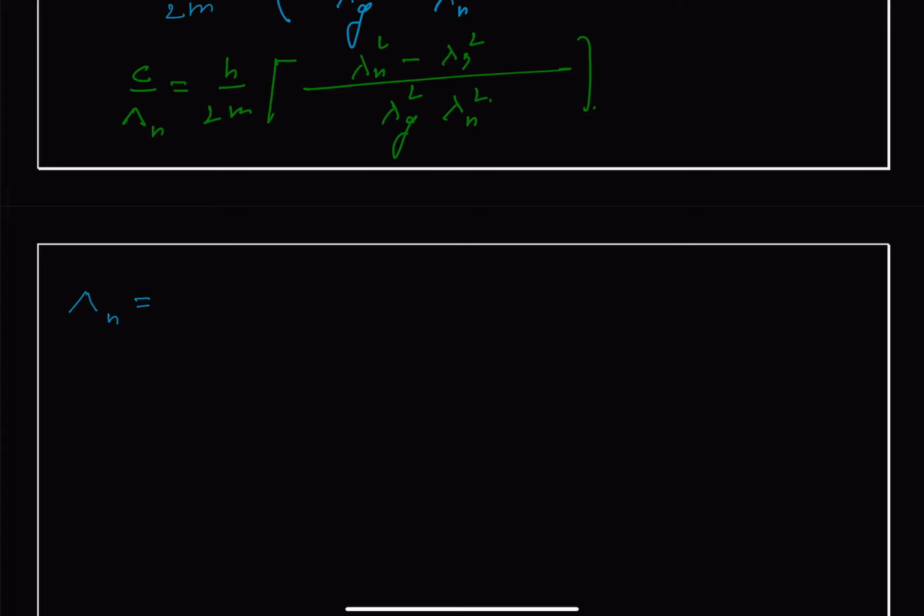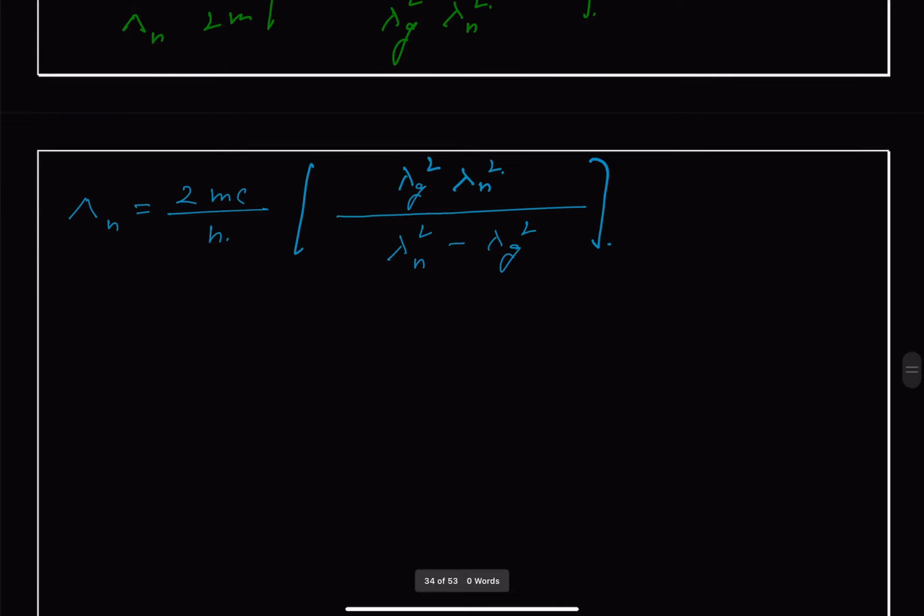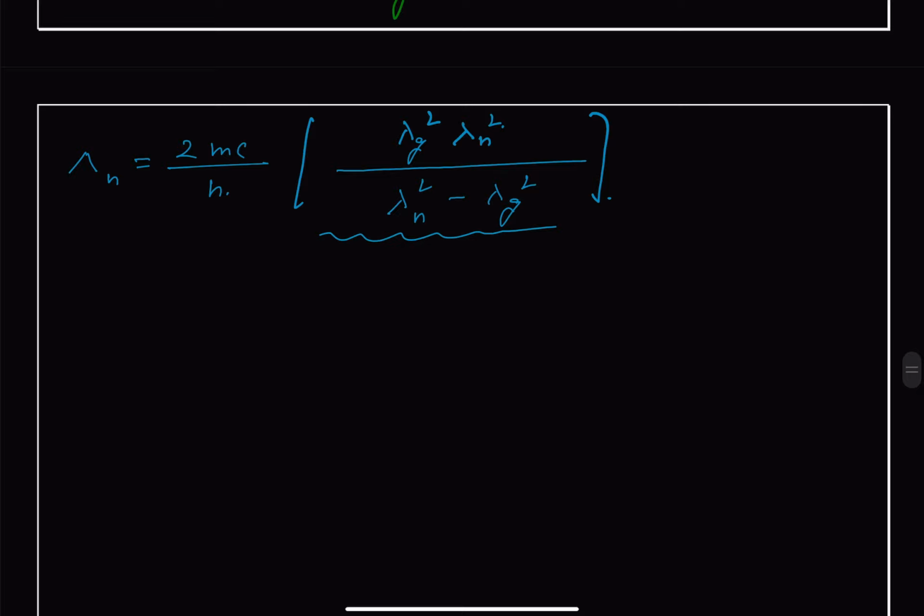And we can write from here that our delta n will be equal to 2mc upon h, times lambda g square lambda n square, and we have lambda n square minus lambda g square. And we are going to solve this particular part.